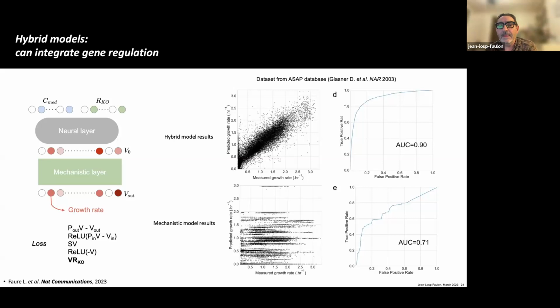It's not written here, but in order to know if the strain will grow or not, this is a quantification, you get an area under the ROC curve of 0.90. If you use flux balance analysis alone, the results are not that good, although you start to pick something up on the ROC curve, and this is what I was mentioning earlier, that flux balance analysis is not that bad when you do qualitative predictions.